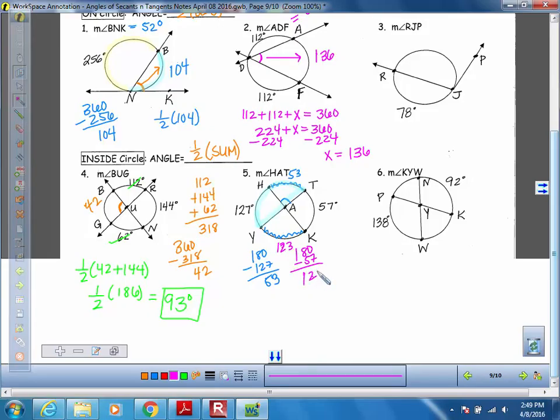And so then to find my angle, I would do 1/2 of this arc, which is 53, plus this arc, which is 123. So when you add those, that ends up giving you 176. If you half that, you end up getting 88 degrees. So Sarah, the way you did it, you got the right answer. I don't know if it always works. Did you do the same? Okay.